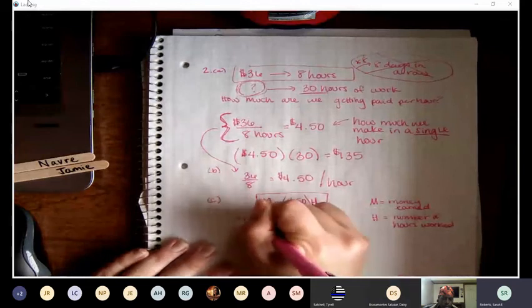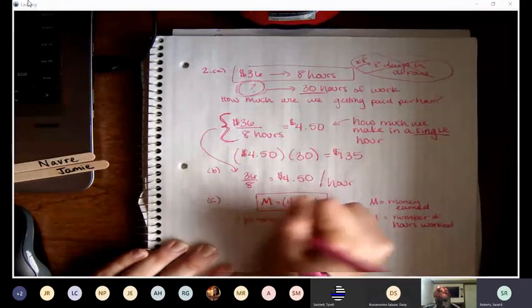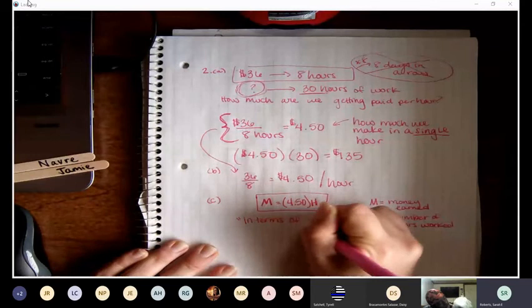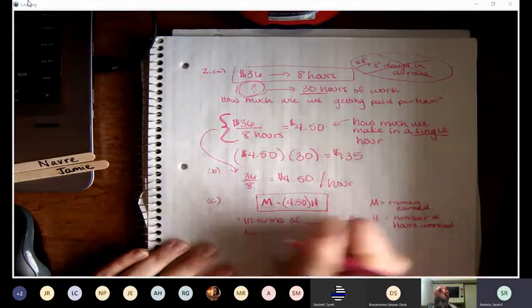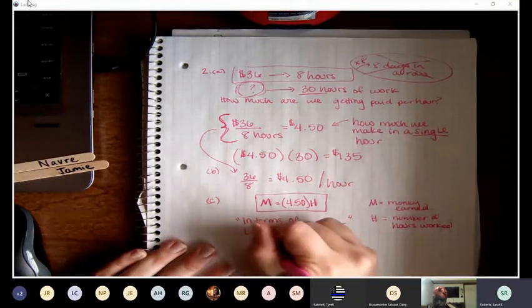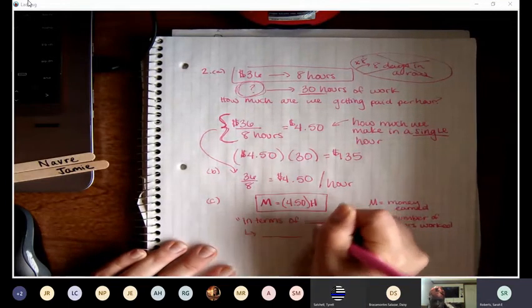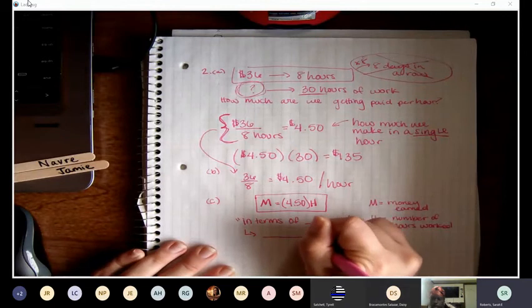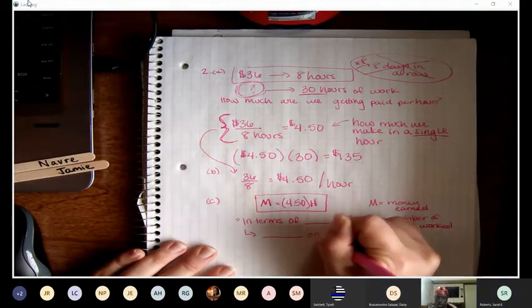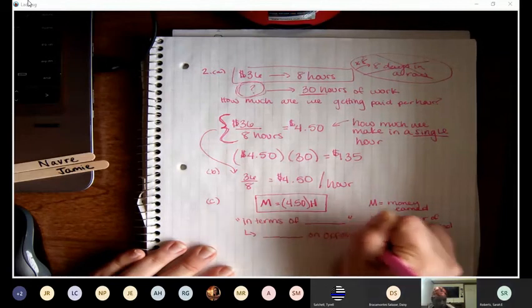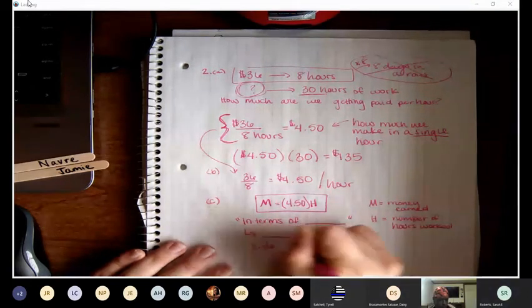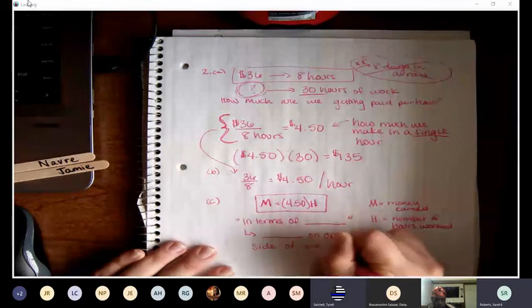The phrase in terms of means that we need to have whatever variable this is on the opposite side of the equal sign.